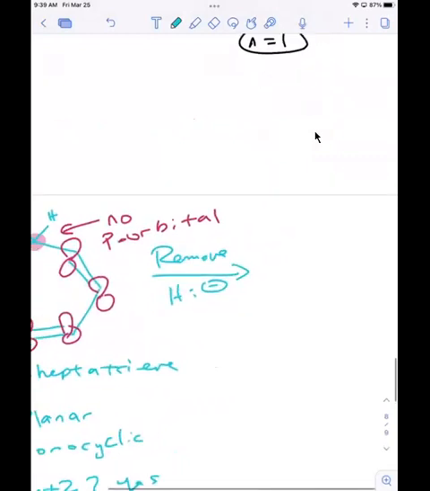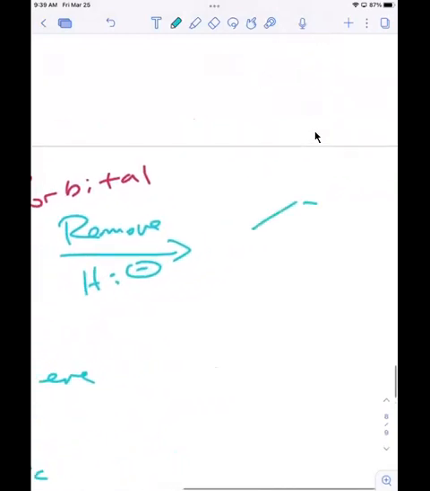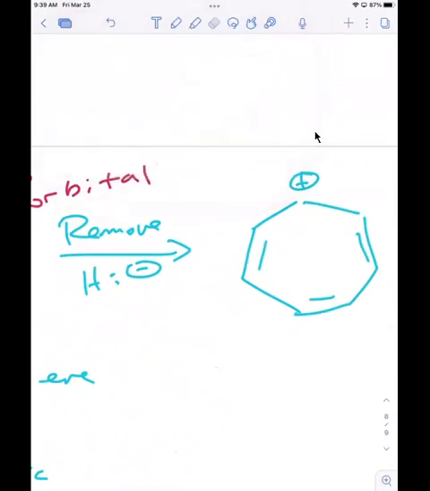That's going to create a cation, right? That other hydrogen, let me put the hydrogen back in.